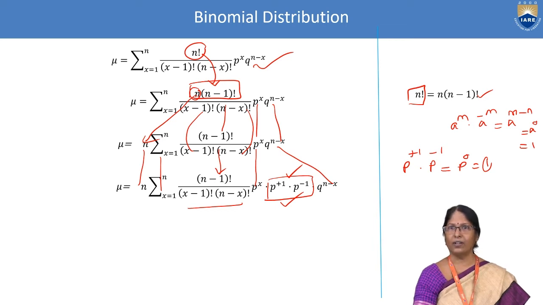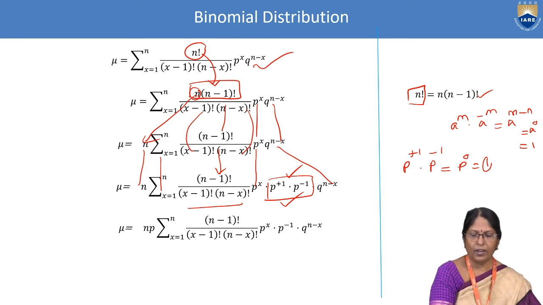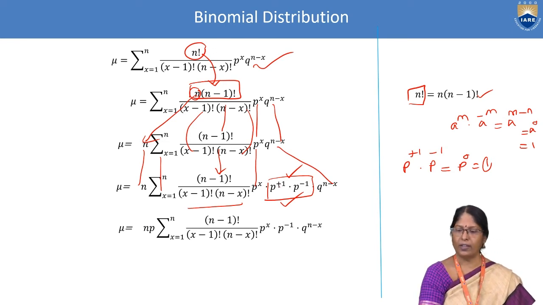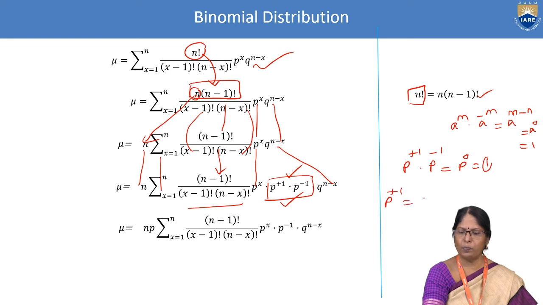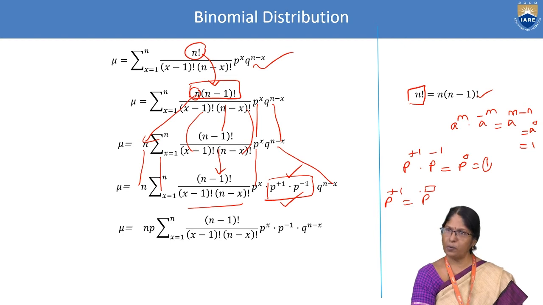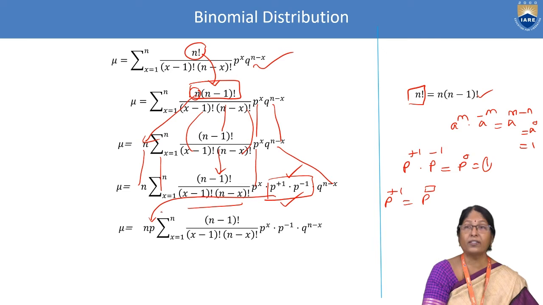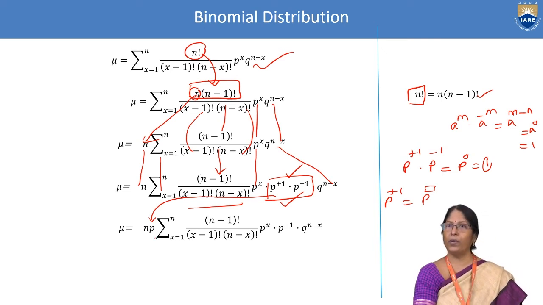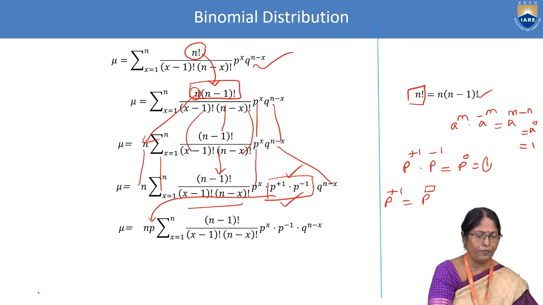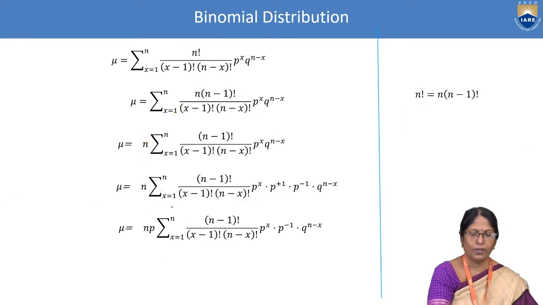To bring the answer mu equal to np, we have to bring it. Yeah, next. In this, p power plus 1 is there. So p power plus 1, otherwise p. If nothing is there, we know the default power is plus 1. So this p power plus 1 we brought to the next step, and n into p we made it. So the remaining everything, this one here, this one, and this one.